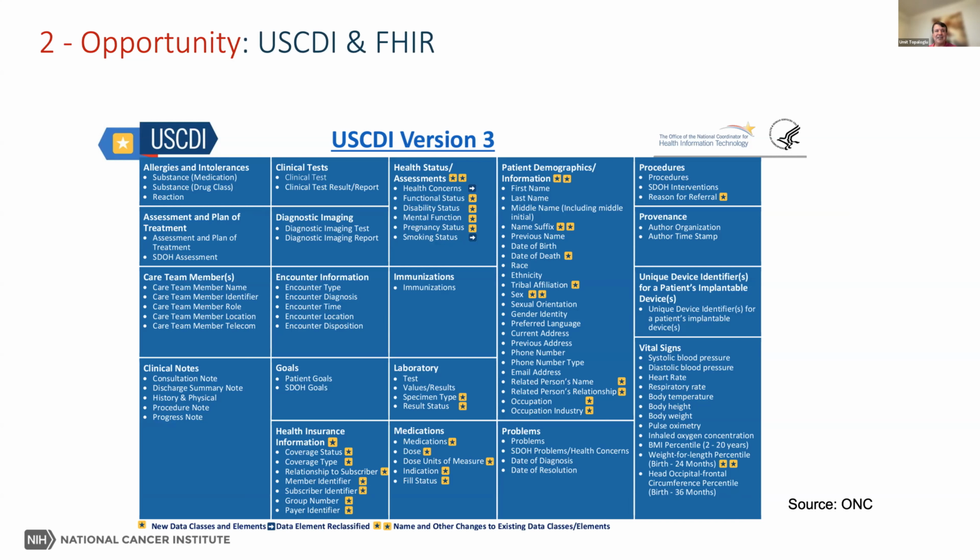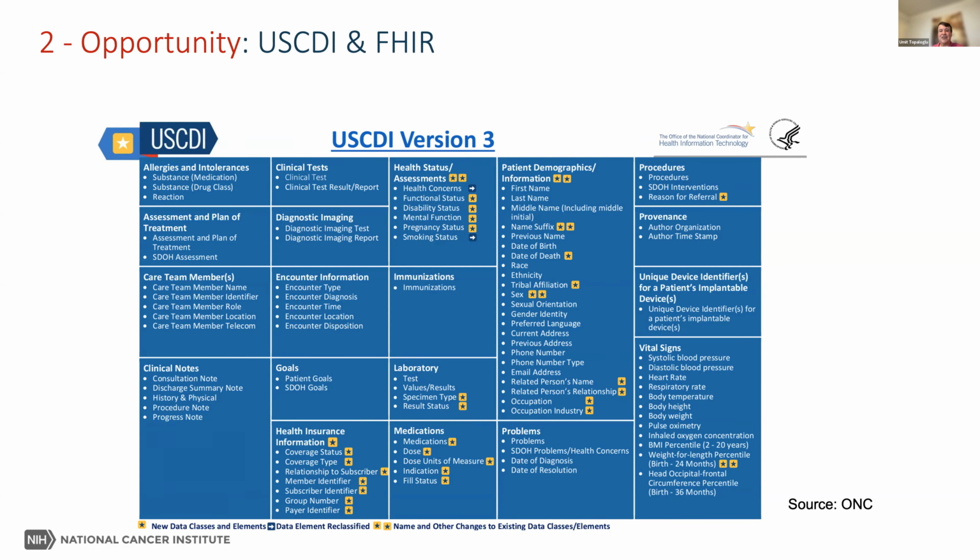I think FHIR and HL7 is what the expectation is. With this, we will be able to access a lot more data than previously. And we are working very closely with the ONC, and hopefully we can make some of the use cases smoother for our community.